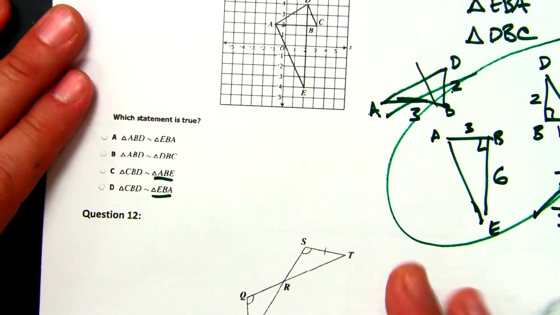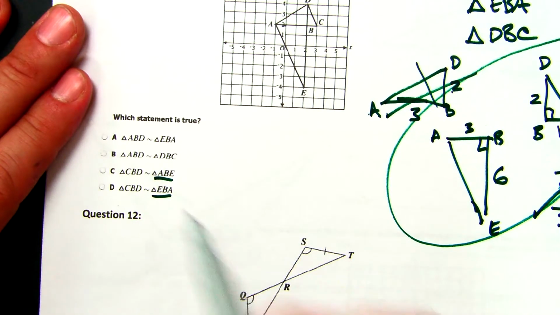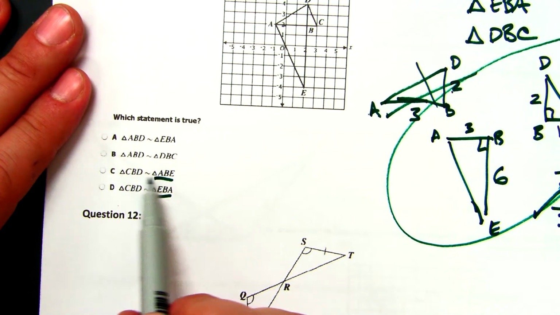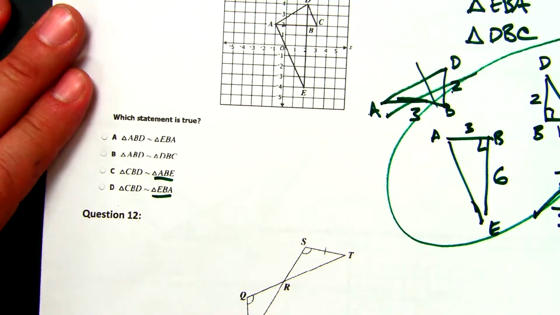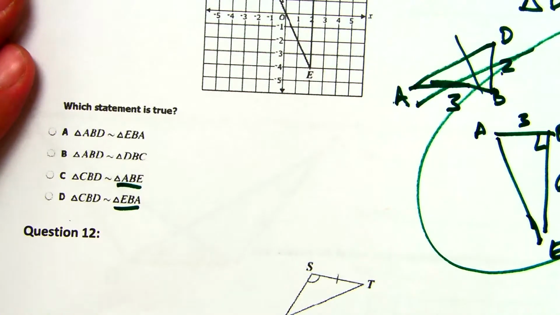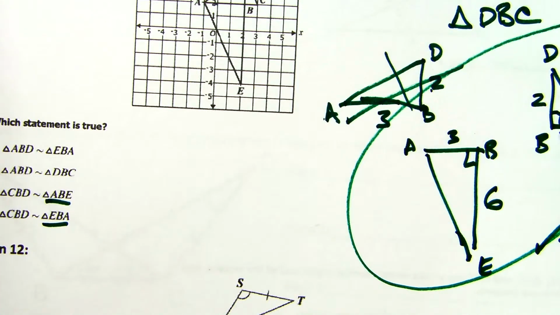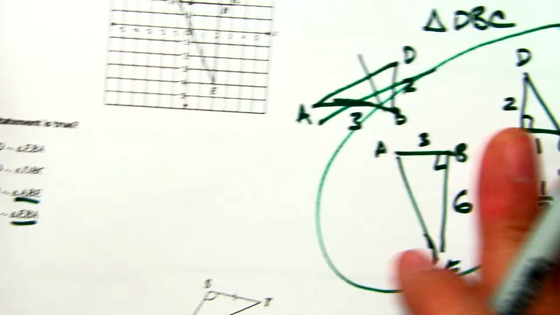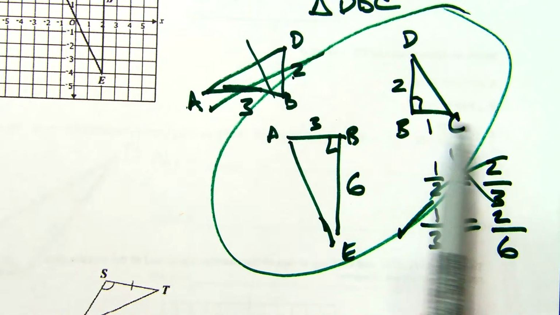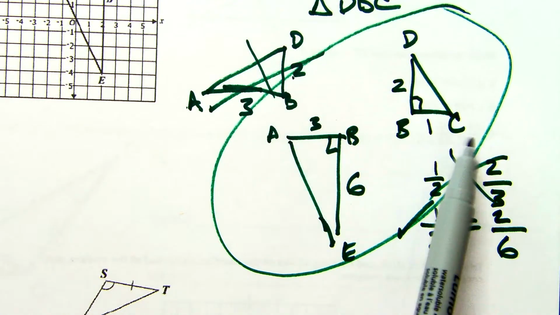But remember, if we're saying that they're similar, then the corresponding parts have to match up in the similarity statement. So if we look at it a little closer, I'll zoom in a little bit. What do we know? Well, CB goes with which side? CB, the short leg, goes with the short leg here. So CB goes with AB.